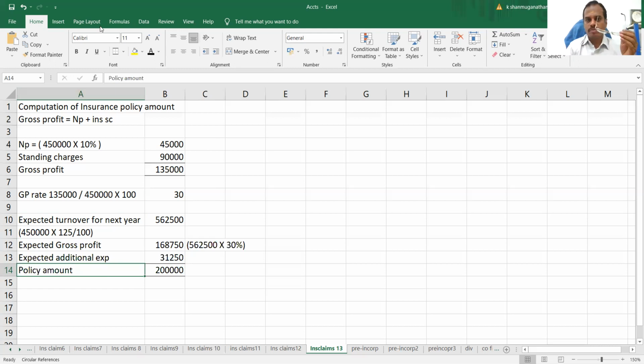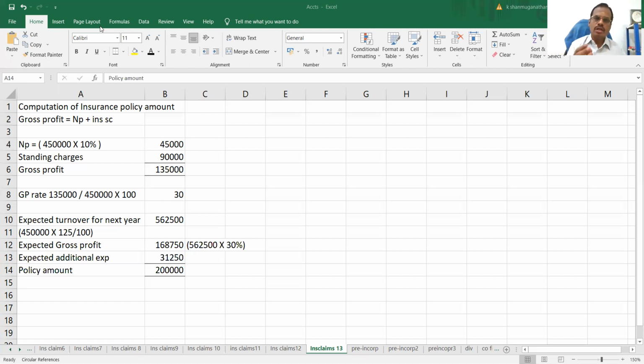We are revolving around just one important basic formula in the context of loss of profit. That is the gross profit formula, which is net profit plus insured standing charge. I told you it is the profit and loss account approach, so there is no need to memorize anything thinking it is a new point. From the P&L, if I ask you to find GP, what will you do?